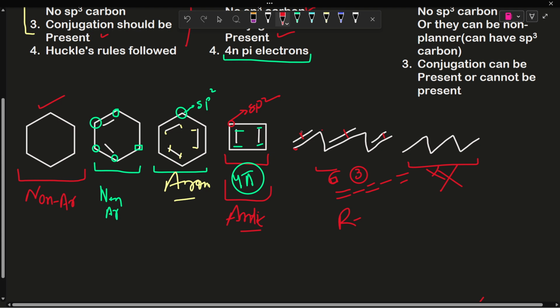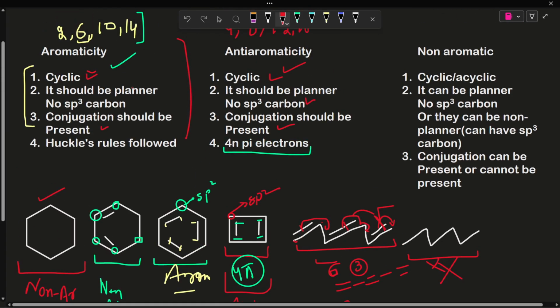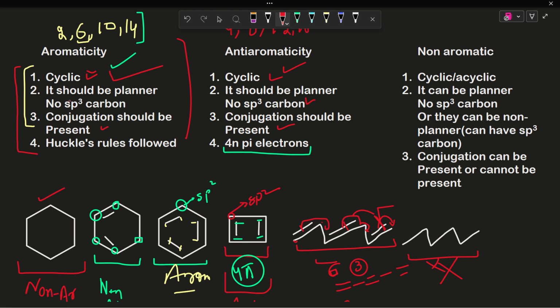Resonance is going on. Why? Because this will be going here, this will be going here. And this will be going here, then again they will be coming back and forth. This shift of electrons will be taking place. But is it aromatic? For aromaticity, first rule, that is cyclic, should be followed. All of these rules are compulsory for any molecule to be aromatic. If any molecule follows 3 rules out of the 4, it is not aromatic.